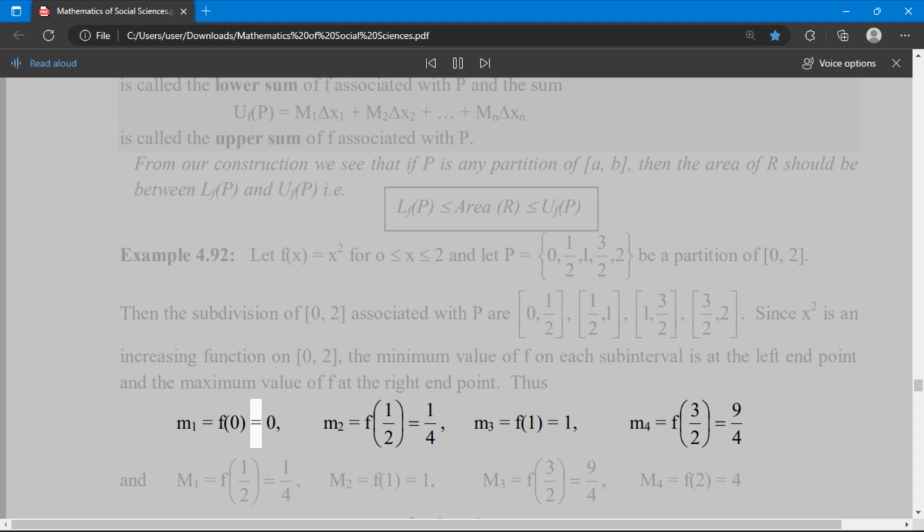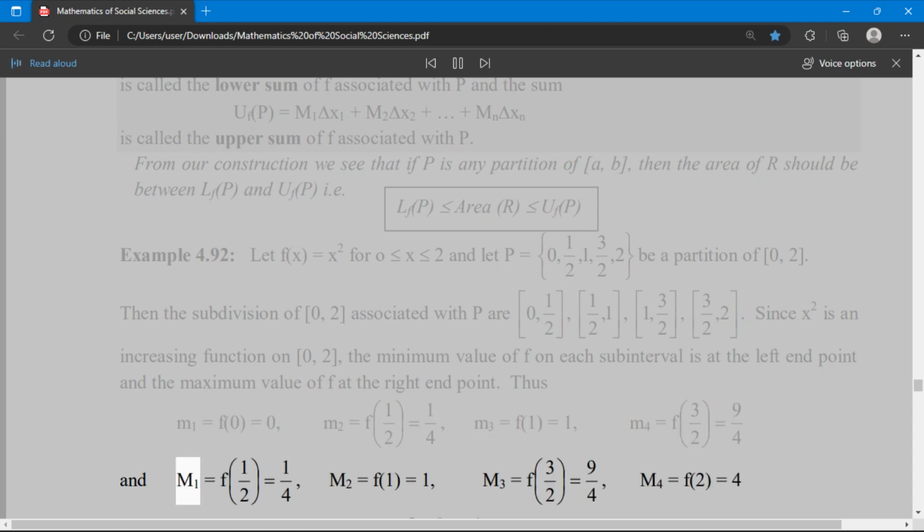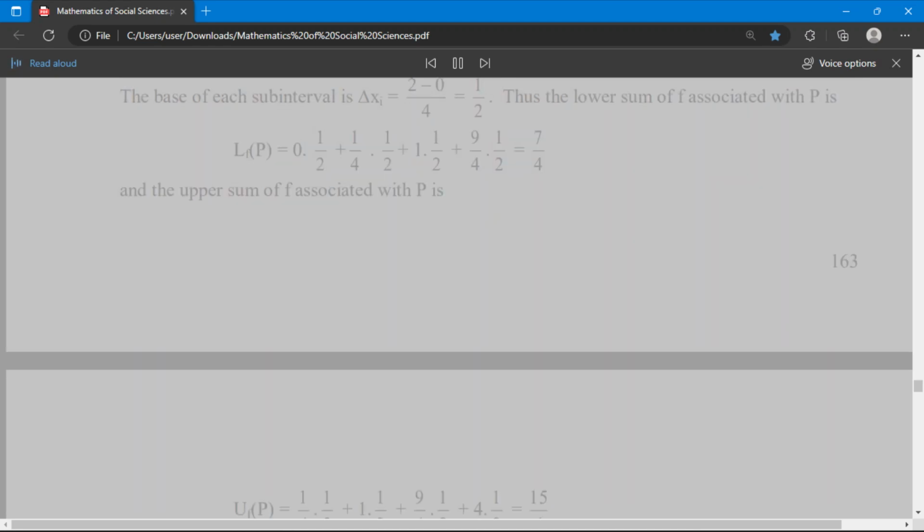Thus, m_1 = f(0) = 0, m_2 = f(1/2) = 1/4, m_3 = f(1) = 1, m_4 = f(3/2) = 9/4, and M_1 = f(1/2) = 1/4, M_2 = f(1) = 1, M_3 = f(3/2) = 9/4, M_4 = f(2) = 4.